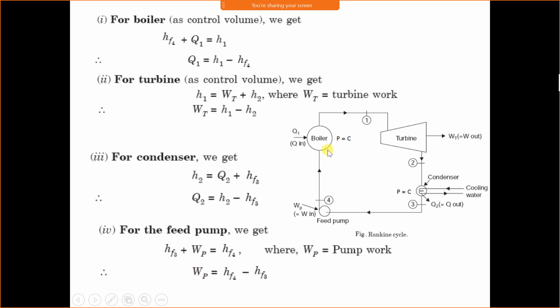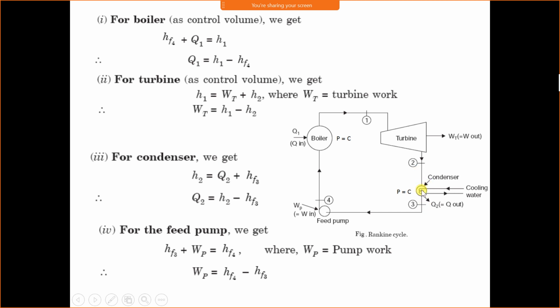Only we have to take heat supplied or heat rejected across boiler and condenser. Heat supplied across boiler and heat rejected across condenser. Heat supplied across boiler is H1 minus H4. Work done across turbine is H1 minus H2.